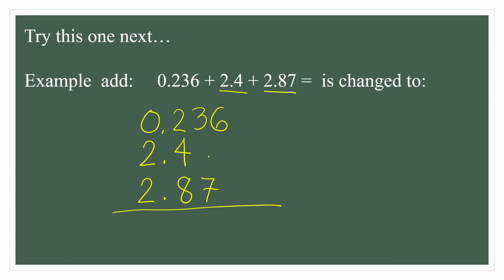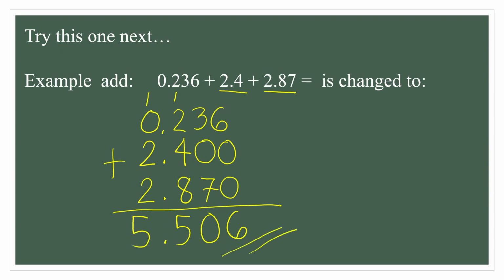No, para di ta malibog, butangan tog zeros. 600, how much is that? 6. 307, 10. 15. Correct. Bring down the decimal point. 5. So this will be your answer for example number 3.